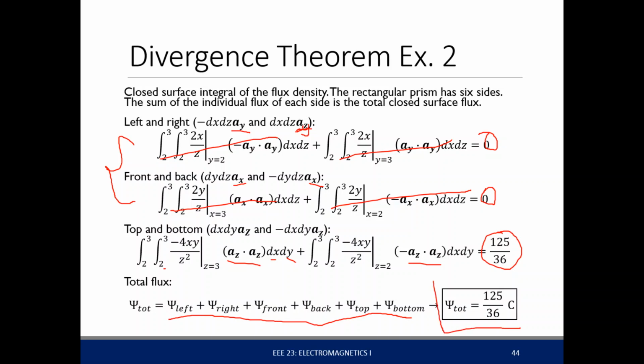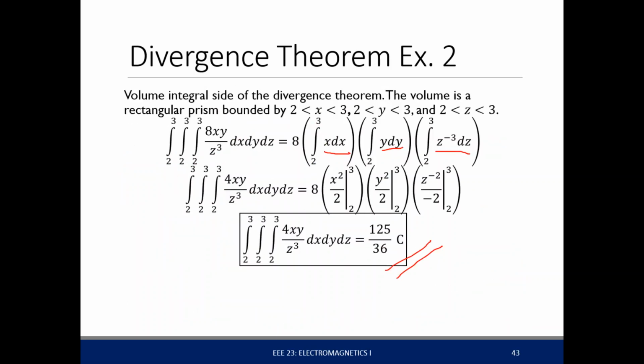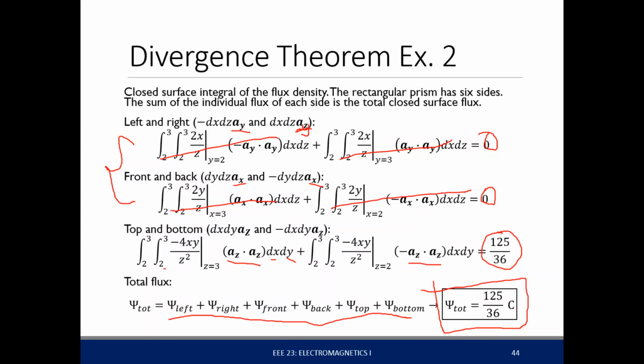The total flux is 125 over 36 coulombs, equal to the total charge, showing that these are equal, then probably you have the right answer. So you can use this theorem to verify your answer.